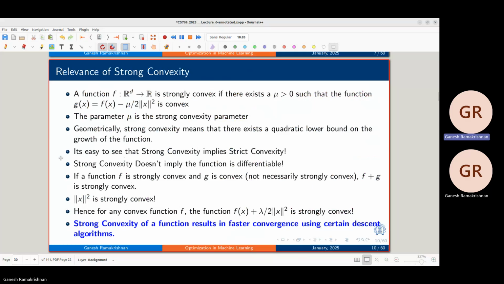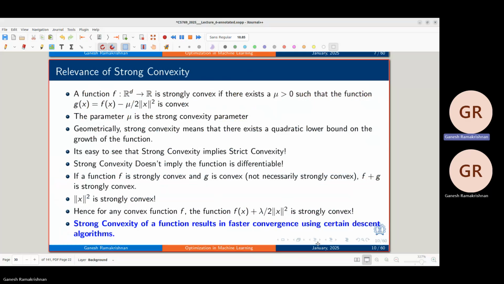Now, strong convexity doesn't imply that the function is differentiable at all. Like we saw the case of L2 regularized hinge loss, or SVM. SVM loss is not differentiable, though it is strongly convex when you have L2 regularization.